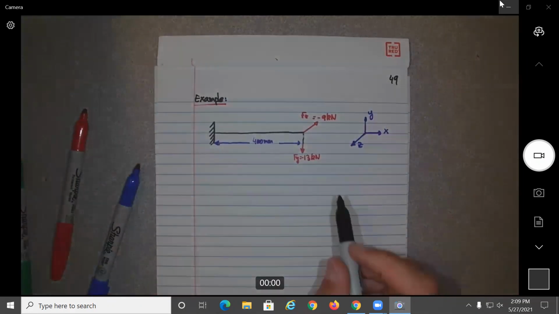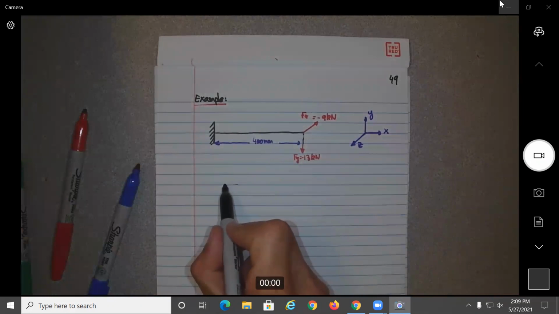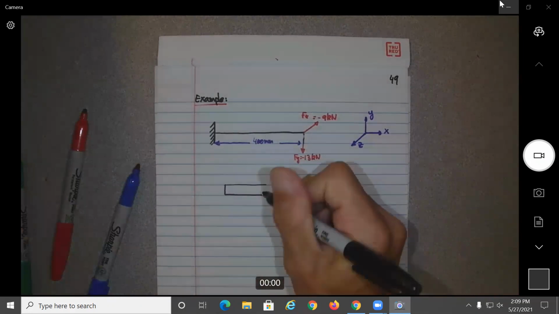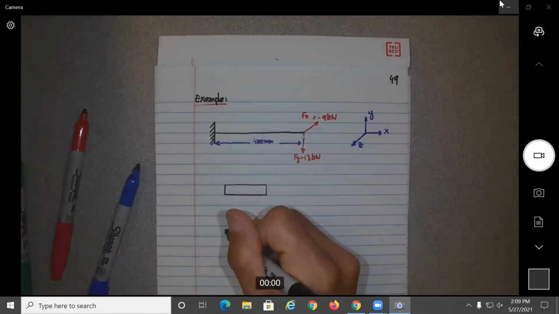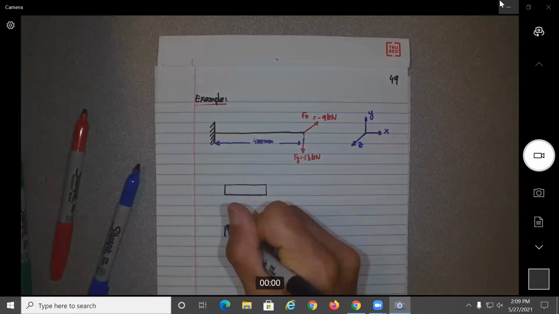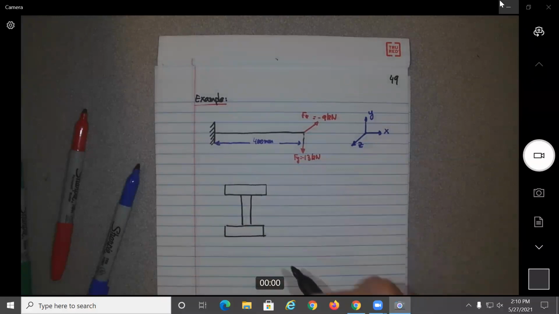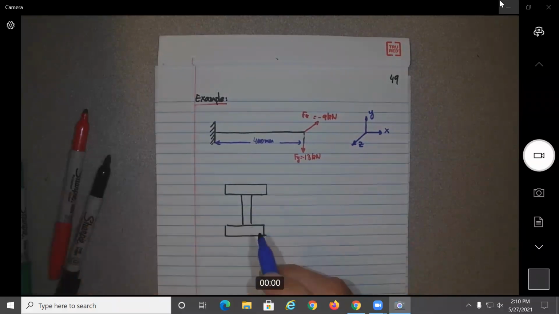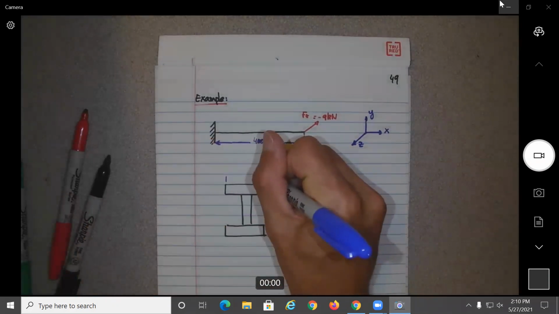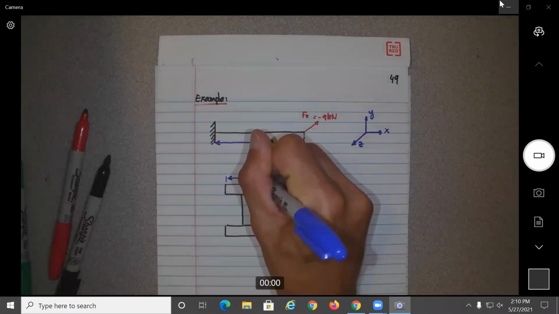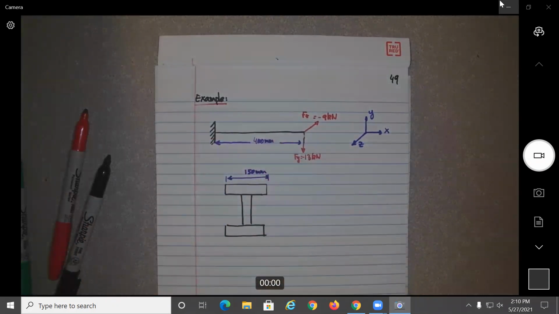So now the cross section is an I-beam where, let's see, this length over here looks like it's going to be 150 millimeters.